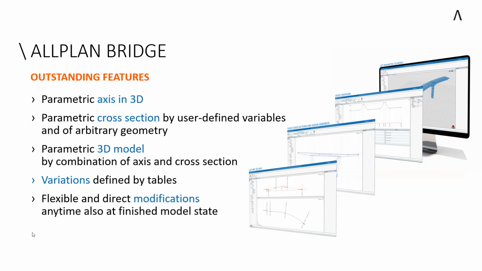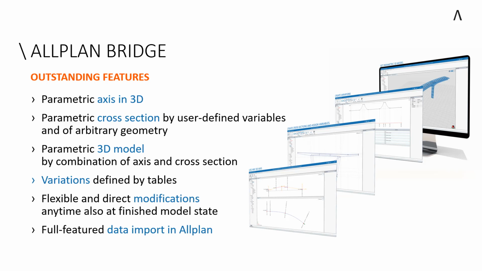You're free to apply any changes to your model at any time, also during your working process on your model, but also at the finished state. No matter if this refers to a change of your axis geometry or your cross-section dimensions or whatever. The model imported in Allplan has full functionality, so you will find it as if you had modeled it directly in Allplan.